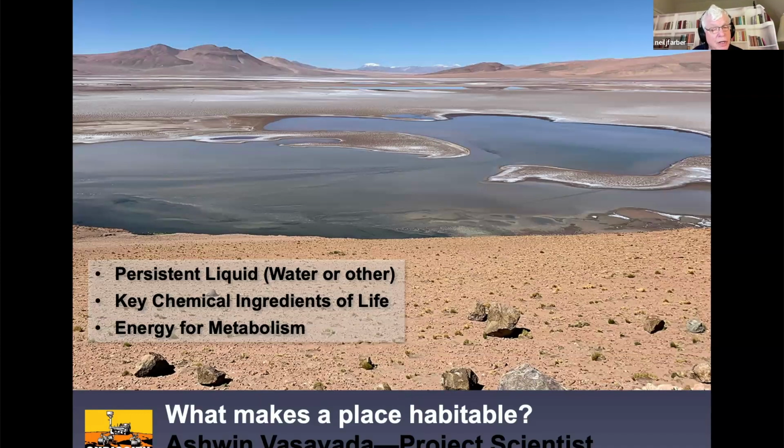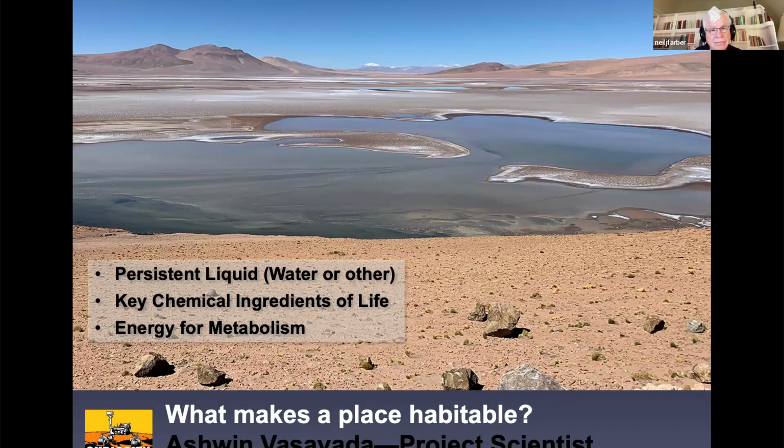That's not always true, and I'll get to that a little later. There have to be key chemical ingredients of life. And we're talking about elements like carbon, oxygen, nitrogen, hydrogen, sulfur, phosphorus, and some kind of energy from metabolism.